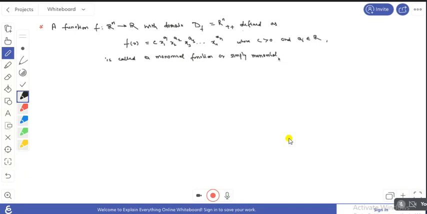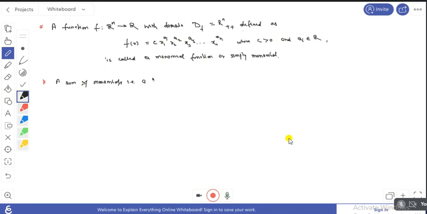And second is the polynomial, which is a sum of monomials.